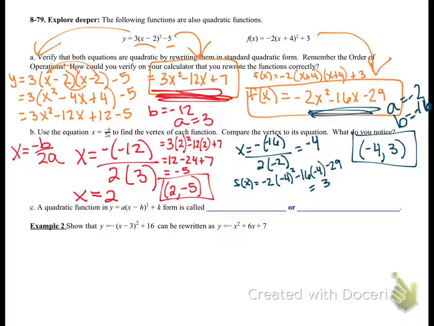So once again, this is the x value of your vertex, and then that last one is always your y value of your vertex. That is called vertex form. So when something is written in that form, that's called vertex form.